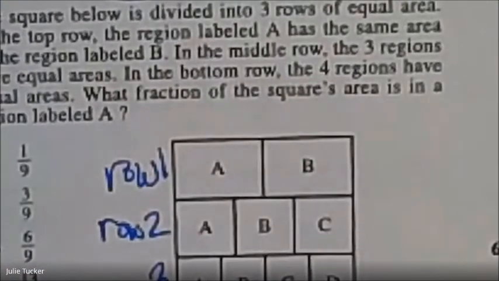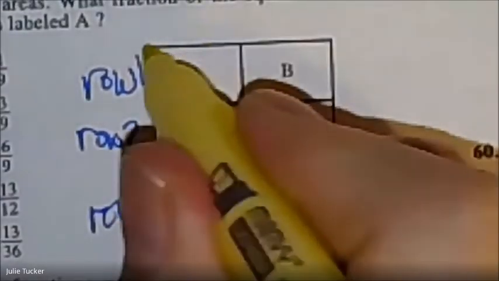Goodness. All right. So let me ask you something. What part of the whole entire square is yellow in row 1? No, I don't mean just row 1.